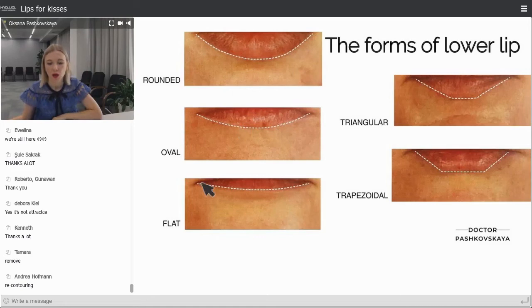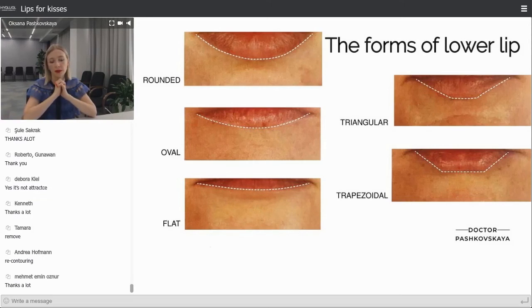Also flat lip, we should reverse it, and it relates to very thin lips. So maybe even cannula I recommend to inverse the lip. For inversing the lip, of course, it's better to put filler deeper, but it's dangerous, so I recommend you use cannula if you are able.